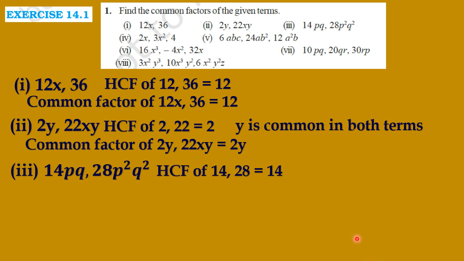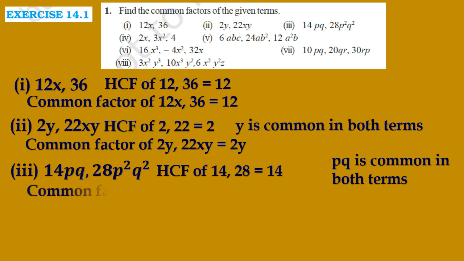So whenever we take common factor of an expression or variable, we have to take the lowest power. Both the terms you have p. So the lowest power, that we have to take as the common. So p is common. Similarly, q is common. So pq is common in both terms. So the common factor, 14pq is common factor.